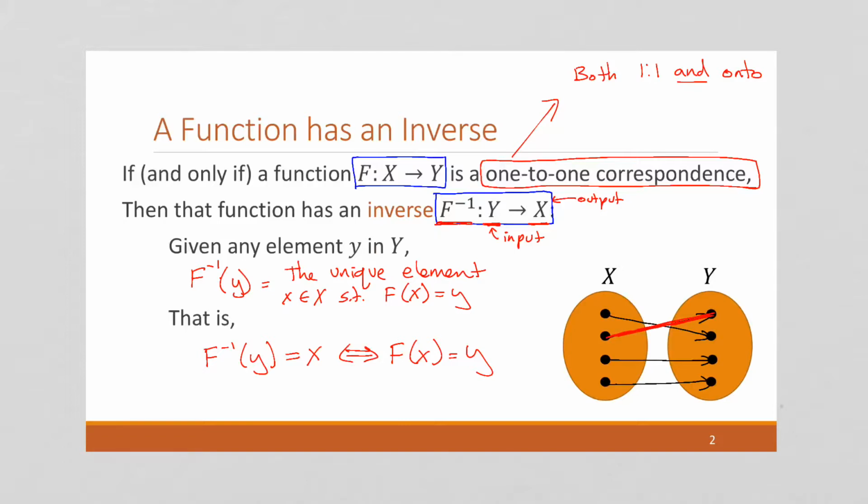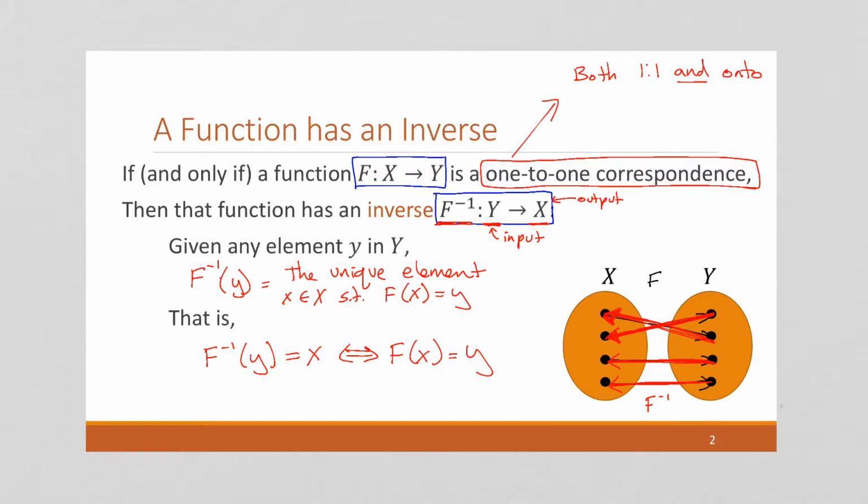If there was a black arrow here, now there's a red arrow. Notice that it goes from y to x. So this is f to the negative 1, where the original black lines were f, just plain old f. Okay, so this is how we define it.